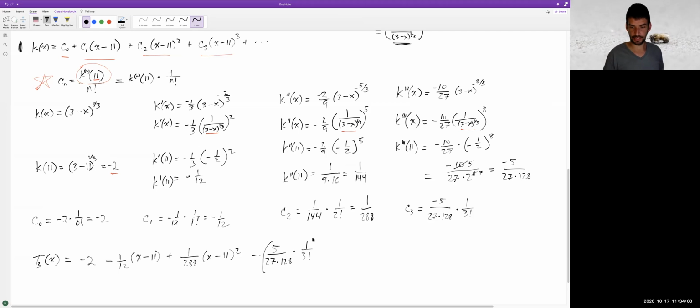Again, I'm just being lazy and not computing this right now, but whatever ugly number 5 over 27 times 128 times 6 is, it's just a number. We take that and multiply it by a cubic term, and there is the third degree Taylor polynomial, or in other words, the first 4 terms of the Taylor series for this function.